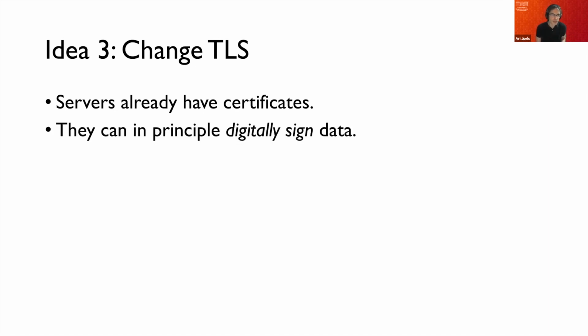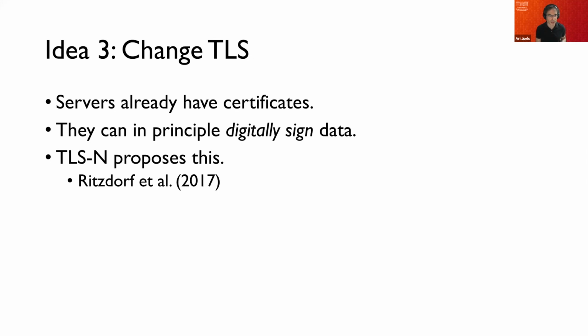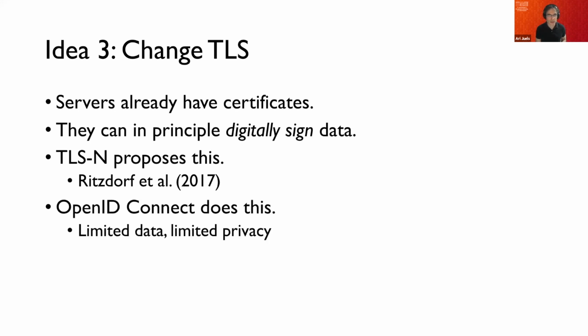And they can, in principle, digitally sign data using the private keys associated with those certificates. Right? In fact, they do for the key exchange, typically. So various approaches to modifying TLS to take advantage of this fact have been proposed. A very nice one from ETH Zurich called TLSN, for instance, suggests modifying the server to allow for digital signing. OpenID Connect does this in practice.